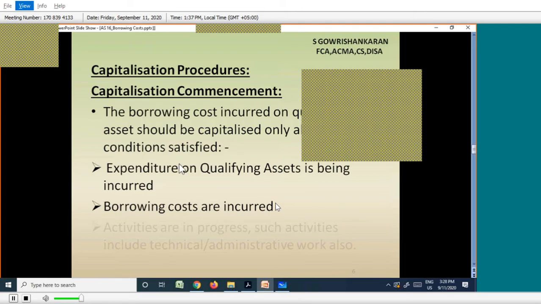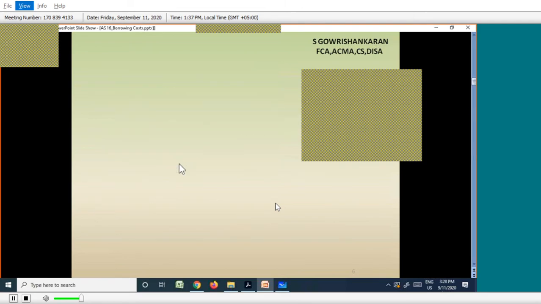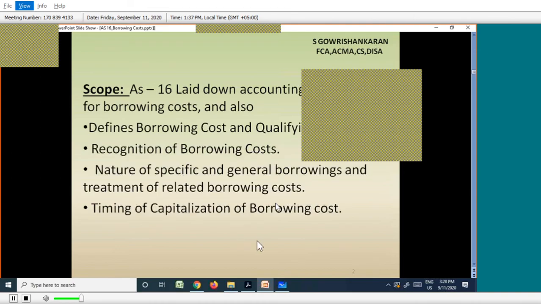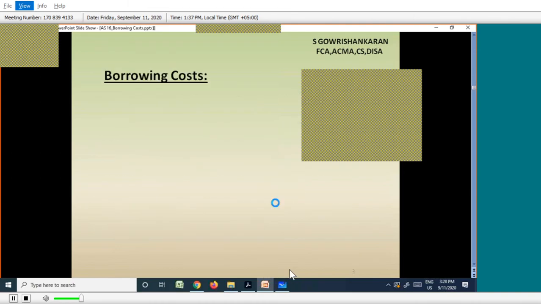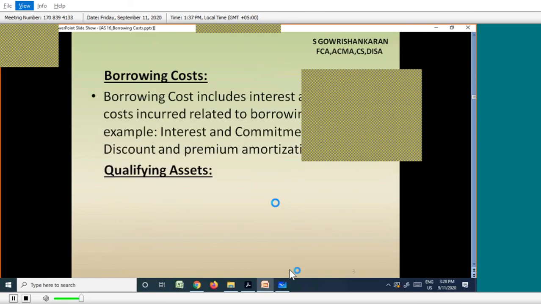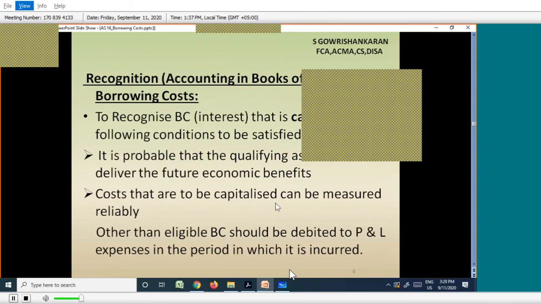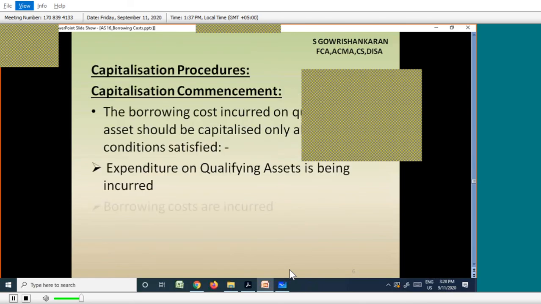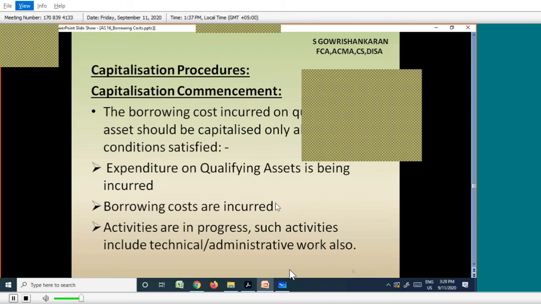For that thing only it is eligible. Go through the second bullet point: borrowing cost actually incurred for the purpose of the project, then only that portion is eligible.